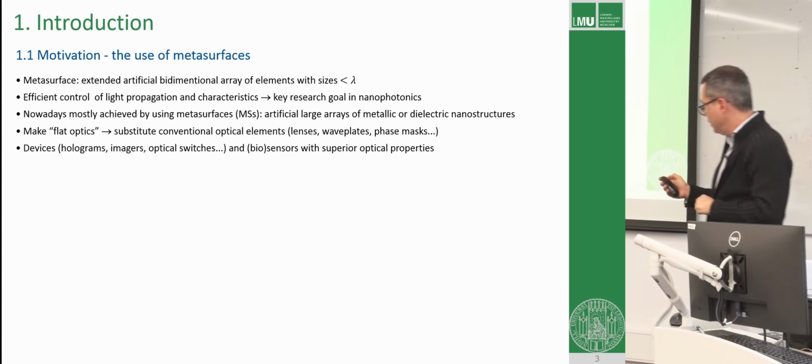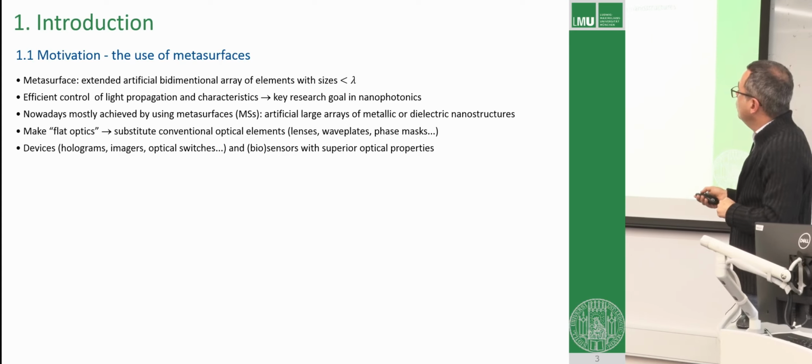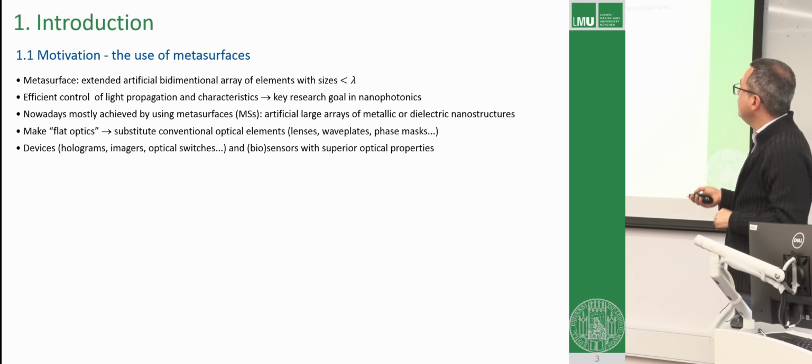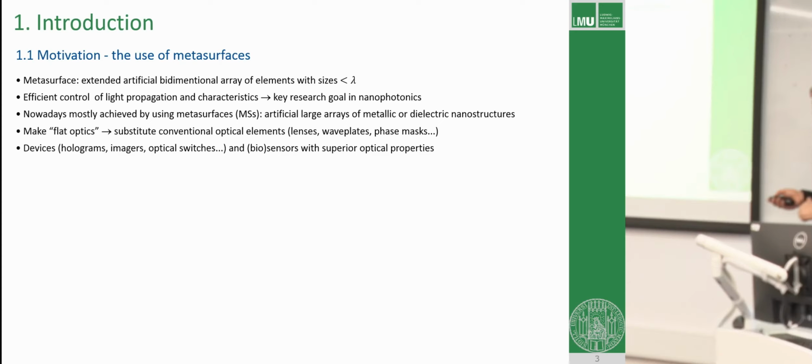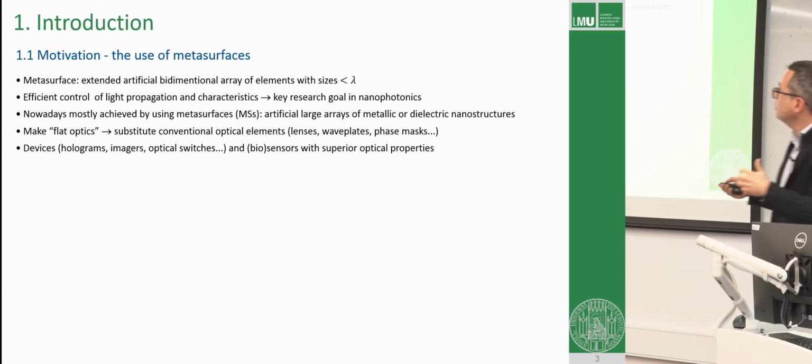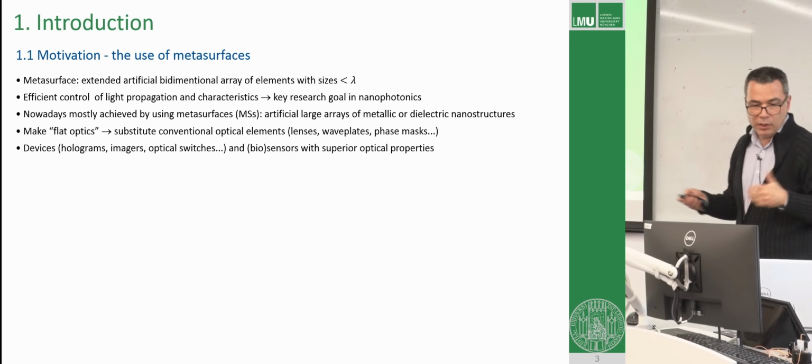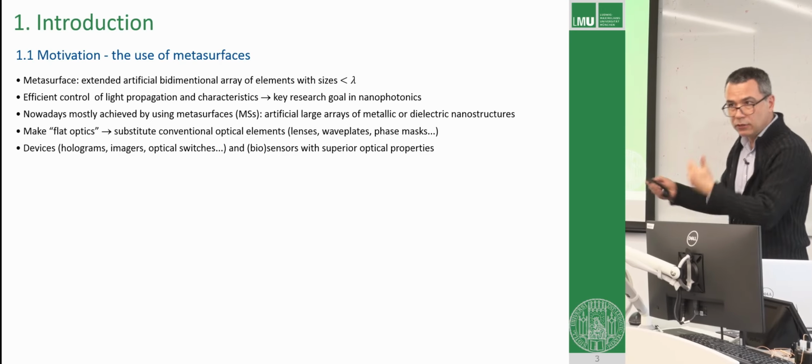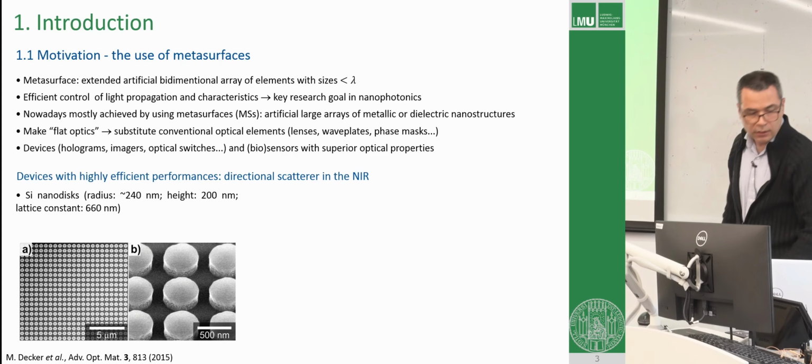And then the sky is the limit. You can think about making devices, holograms, images, switches with superior properties than what we have presently. And I would like to mention some examples about this.